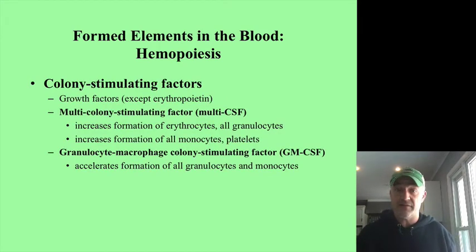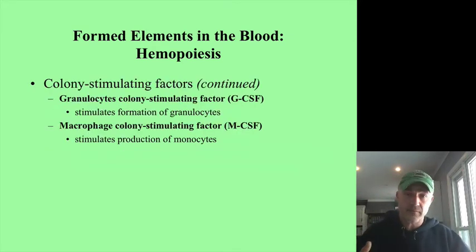These are regulated by different growth factors. So you can get things like multiple colony stimulating growth factor, granulocyte macrophage colony stimulating growth factor. The presence of these different growth factors is what is going to trigger this to differentiate in a particular direction. I'm not going to ask you which ones are triggered which ways, but I just want you to see that there is this high level of growth factor regulation that is going to determine this differentiation pathway.